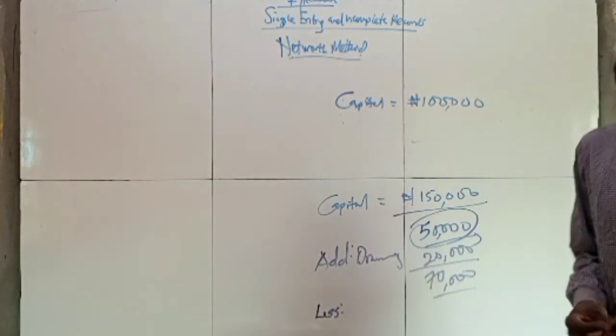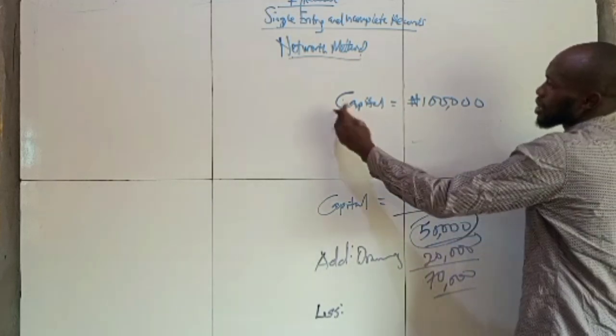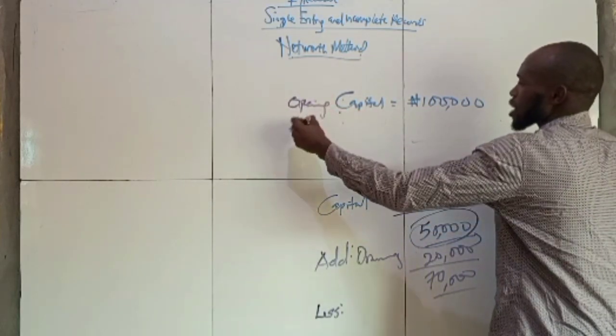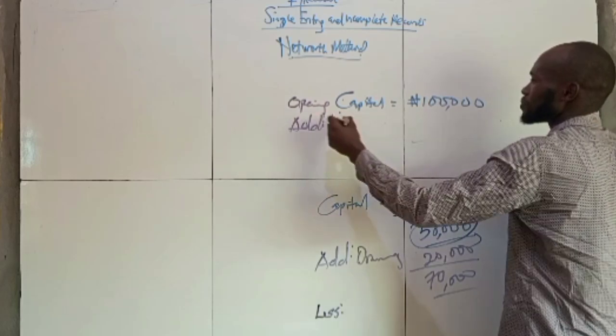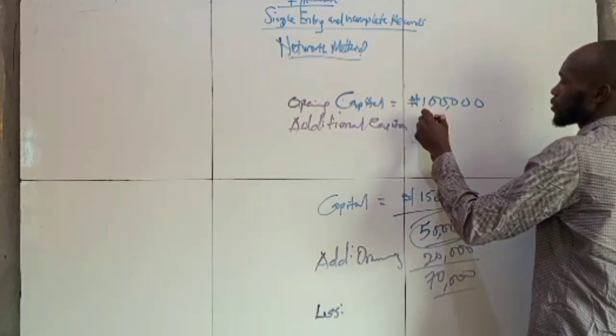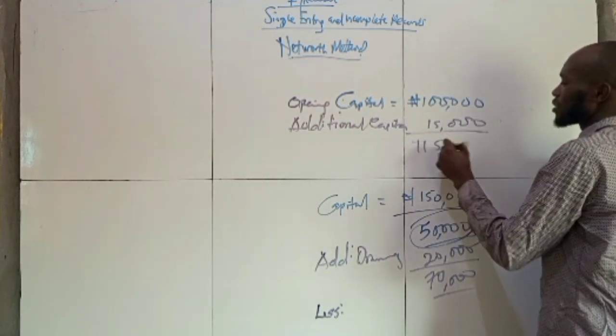Because if additional capital has been brought in, the opening capital of 100,000 will have the additional capital added to it, that is 15,000, to make it 115,000.